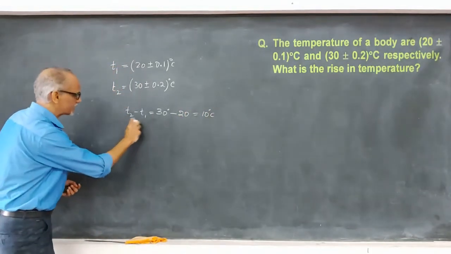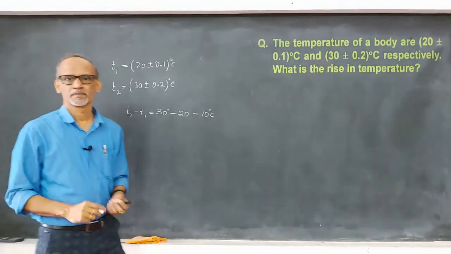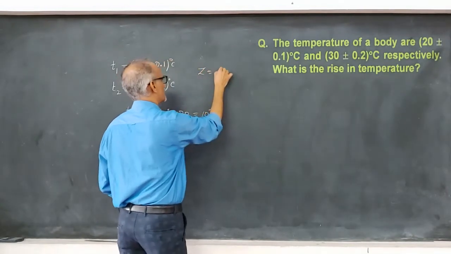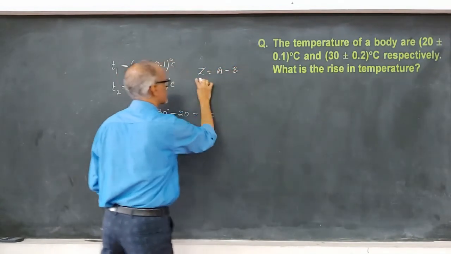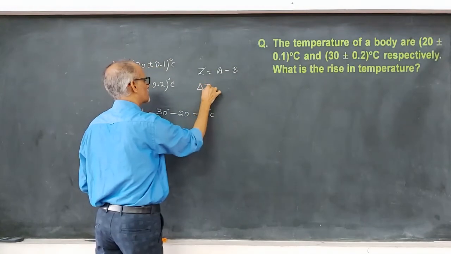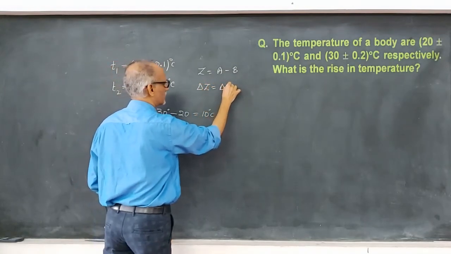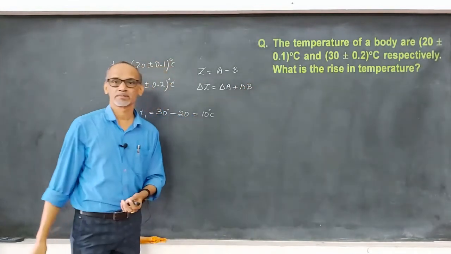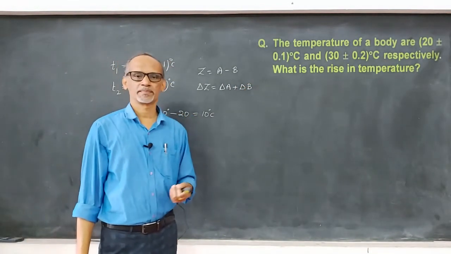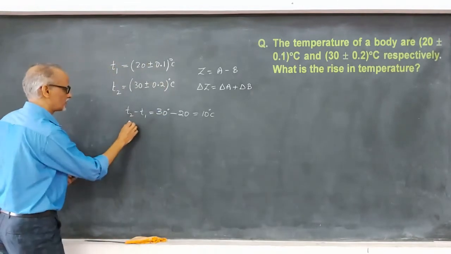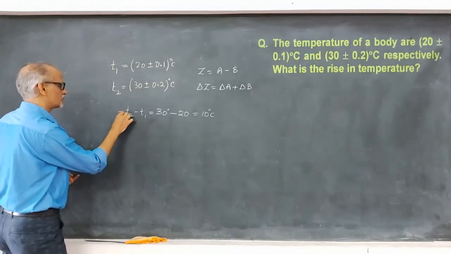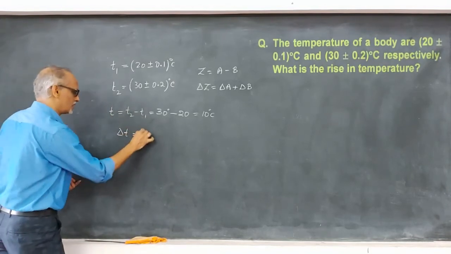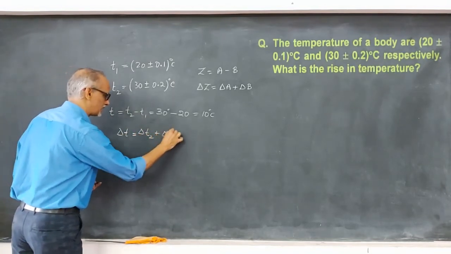Now we are subtracting two quantities. Recall the rule: while subtracting, Z is equal to A minus B, the absolute error is always equal to the sum of the absolute errors of the individual values. This is the rule while adding or while subtracting. So here this is T2 minus T1, which I'll write as T. Therefore delta T is equal to delta T2 plus delta T1.